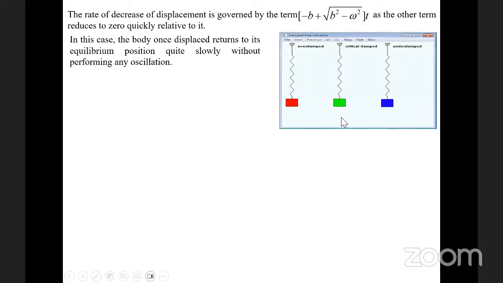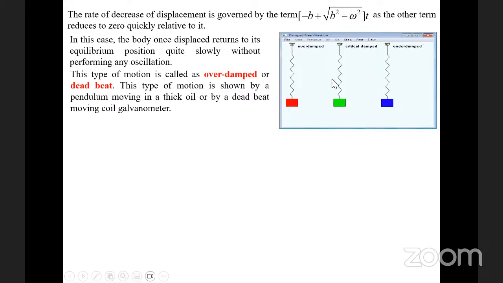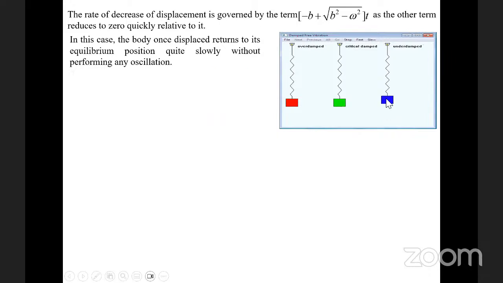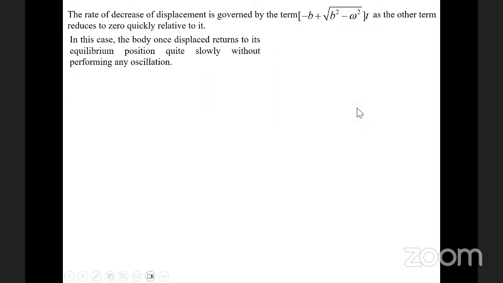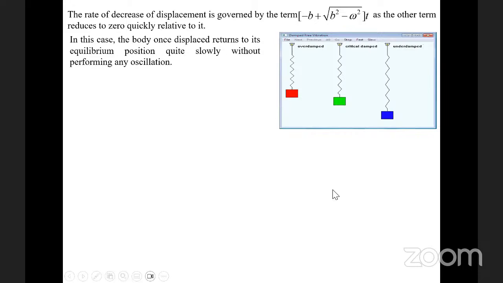You can see the overdamping case, critical damping case and underdamping case.